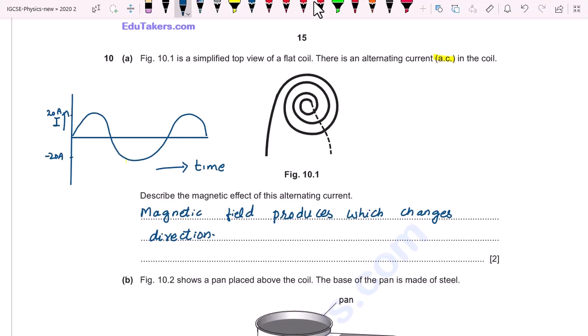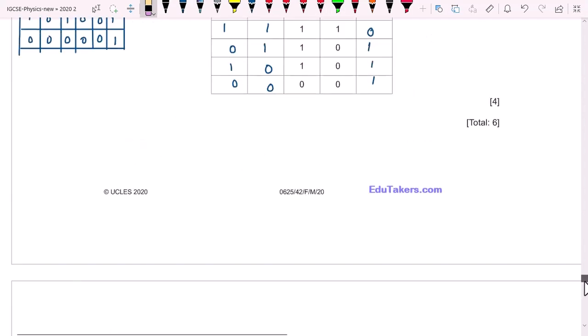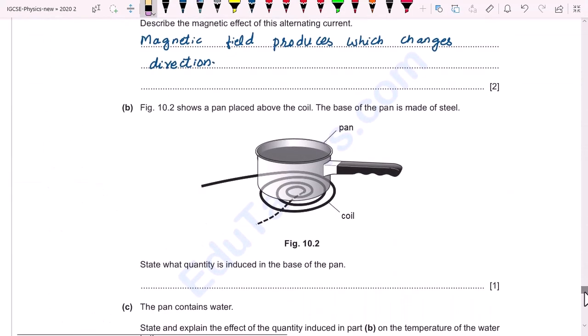Part B. There is another figure, 10.2. Figure 10.2 shows a pen placed above the coil. You can see here that this is the coil and above it we placed a pen, and the base of the pen is made up of steel.